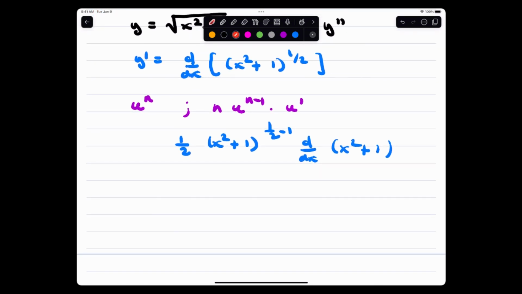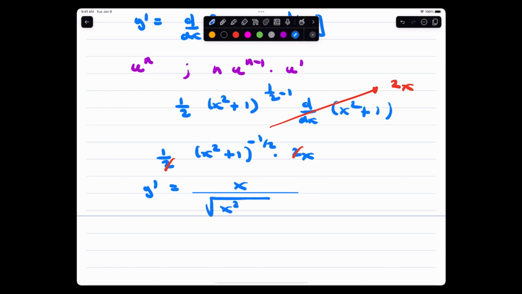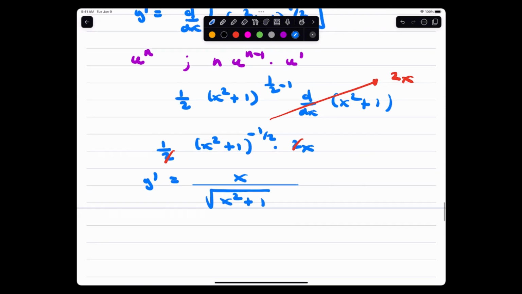Now, what's the derivative of x squared plus 1? That's going to be a what? 2x. So you get 1/2 x squared plus 1 to the minus 1/2 times 2x. What happens with these 2's? So y prime will become x over the square root of what? X squared plus 1.